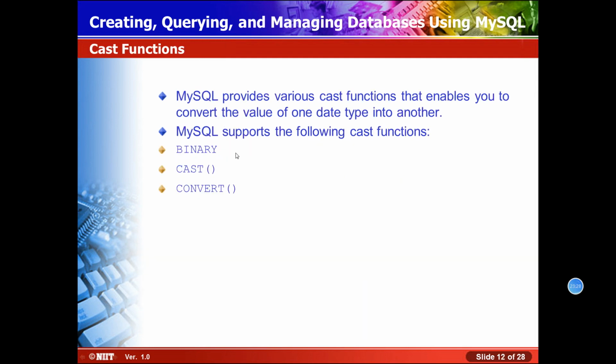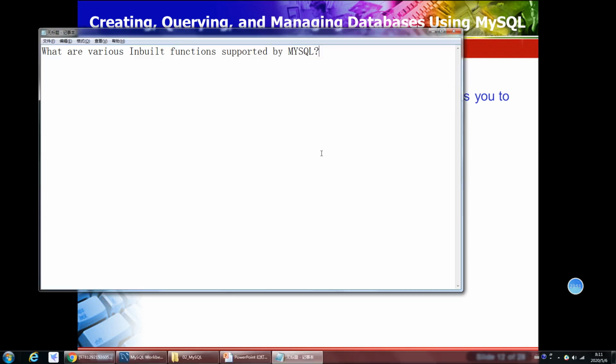Let's move on. The next type of function is the cast function. It provides various cast functions that enable you to convert, change the value of one data type into another data type. So you can see there are 3 cast functions, and this is your homework. What are the various types of cast functions?